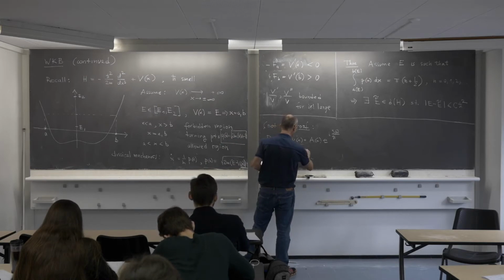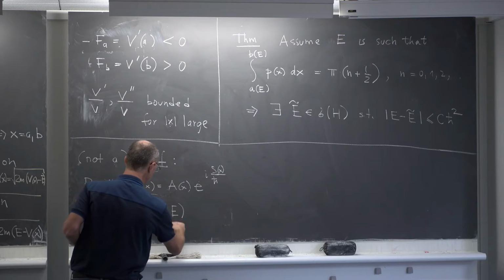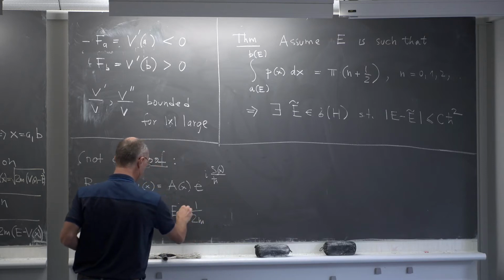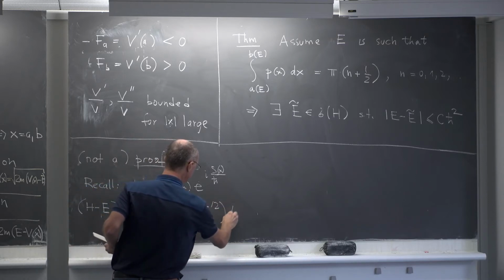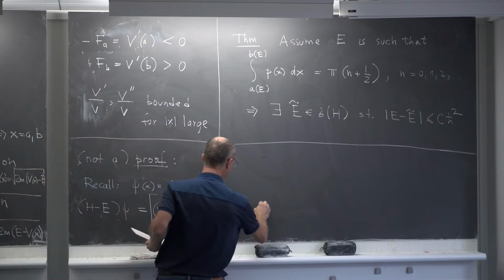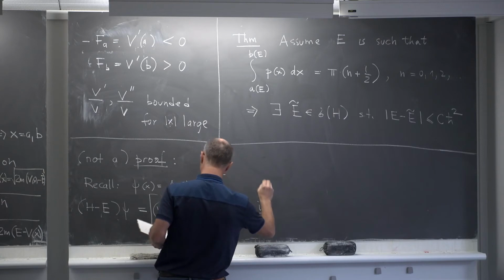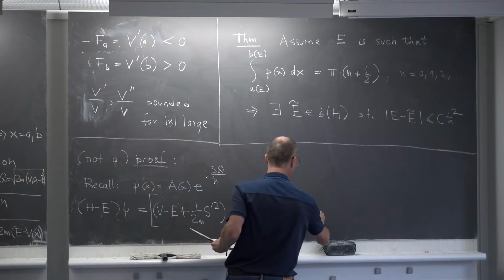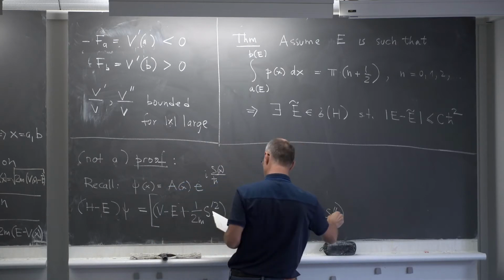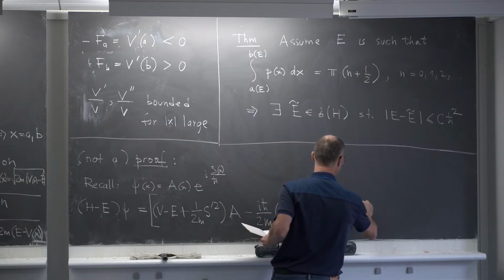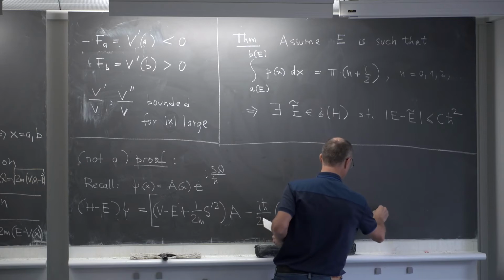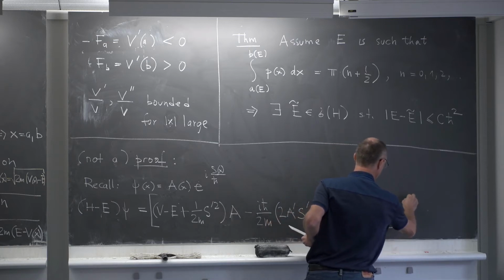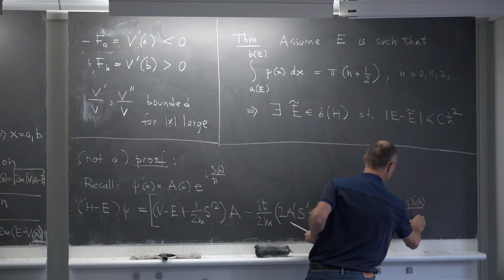And it is like this: (v minus e) times (minus 1 over 2 plus 1 over 2m s prime squared) times a, minus i h bar over 2m times (2a prime s prime plus a s double prime), minus h bar squared over 2m a double prime, and this is all times exponential of i s over h bar.